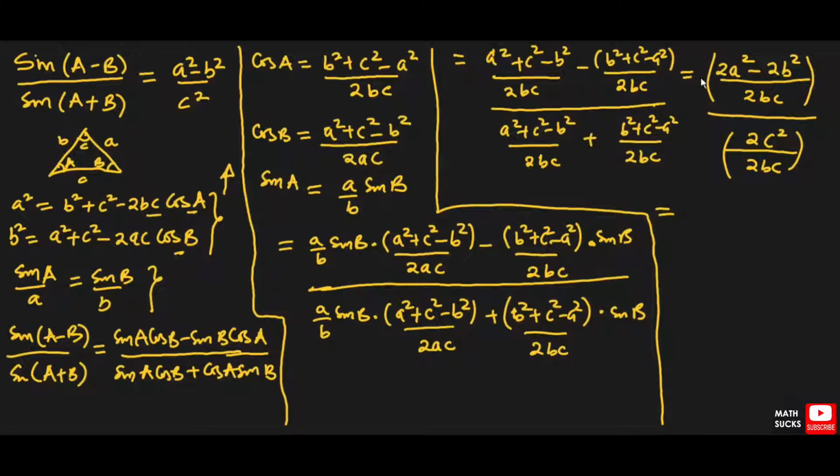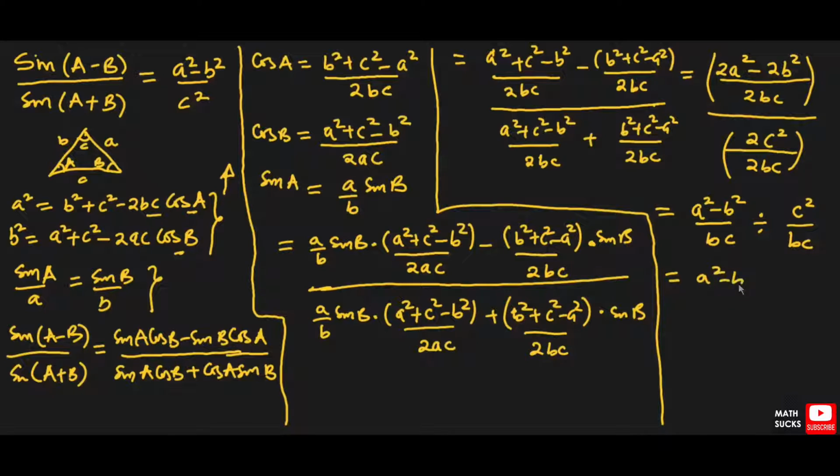The 2's can cancel. If you factorize out the 2, it can go with that. And then we basically have A squared minus B squared over bc. Then this is divided by what we have here, which is, the 2 can go, C squared over bc. And then the idea is to multiply by switching this up and down.